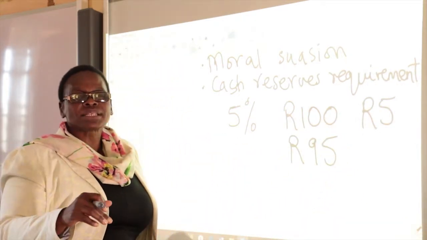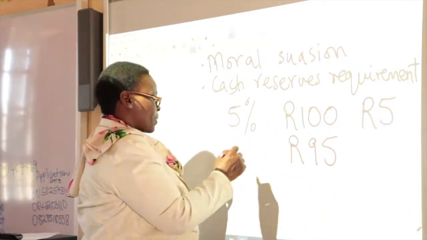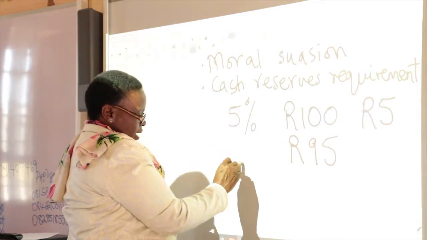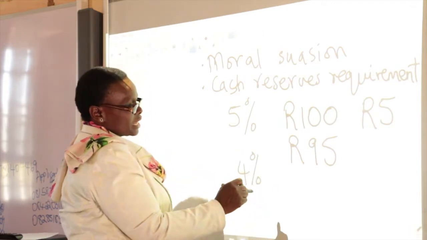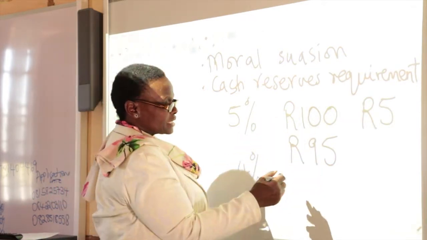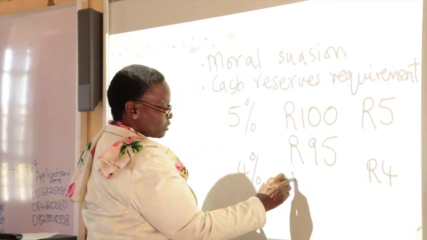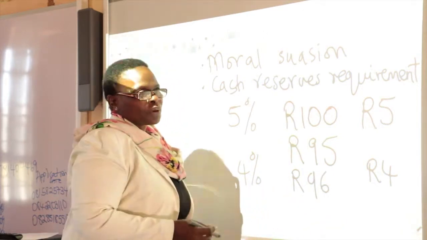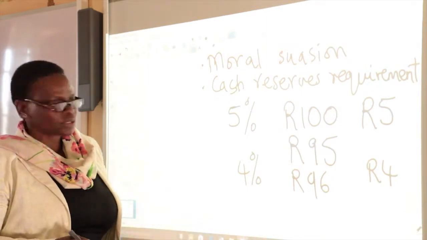But now that we want people to have more money, the Reserve Bank would reduce the official reserve requirement. If, for example, it is at 4%, for every 100 rand they would put aside 4 rand, and the banks remain with more money, 96 rand, to lend out to the people.